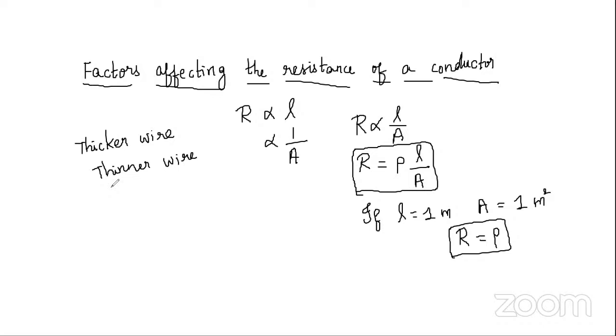Why? Resistance is inversely proportional to the area. So for a thicker wire, the area is more, so the resistance will be lesser.